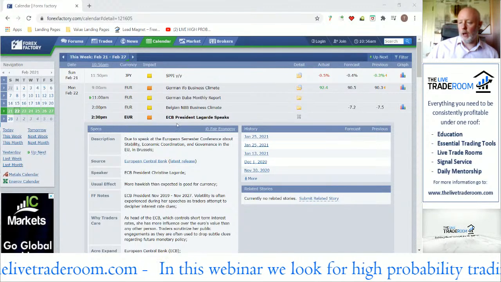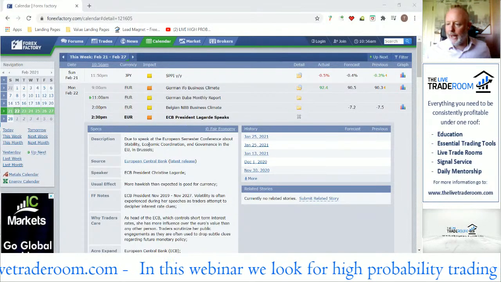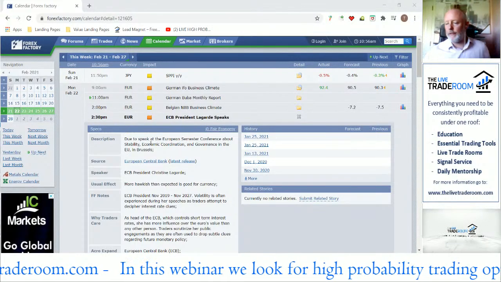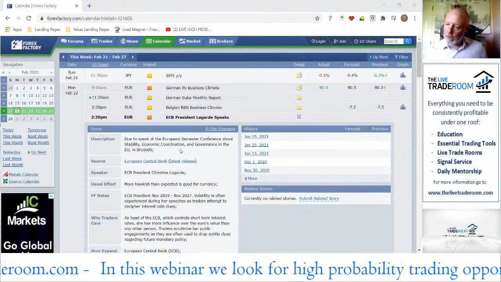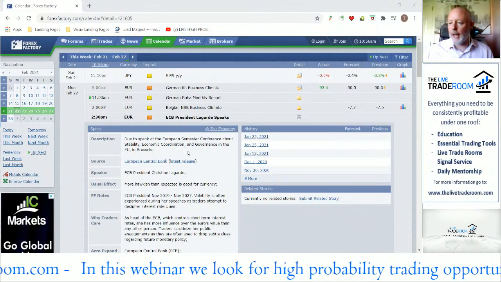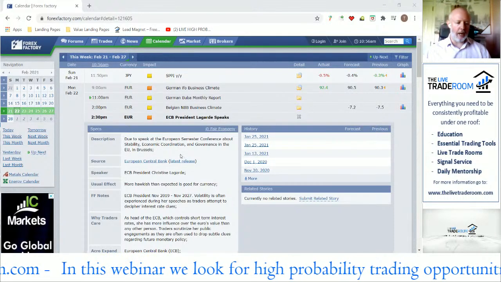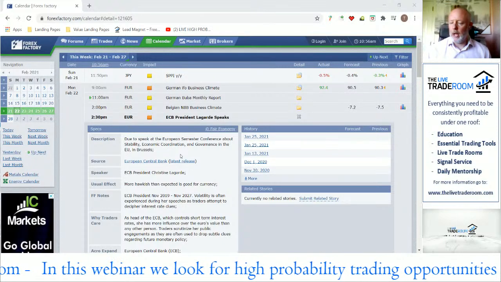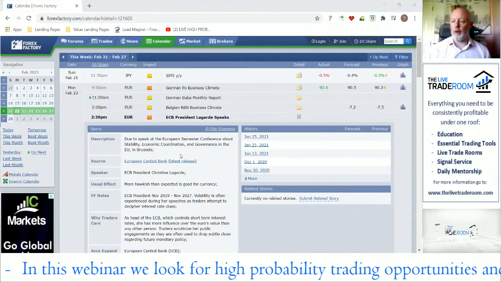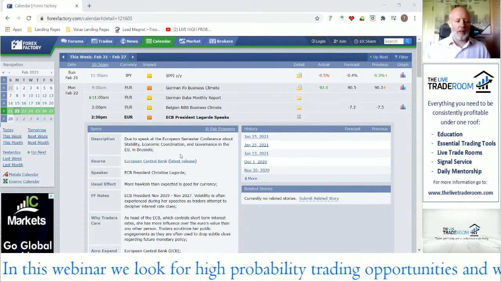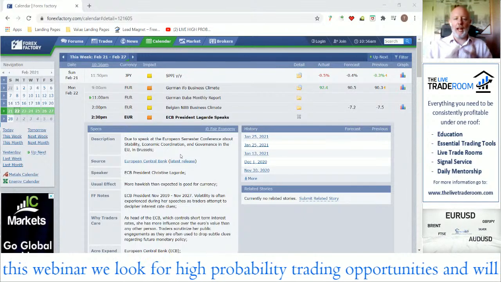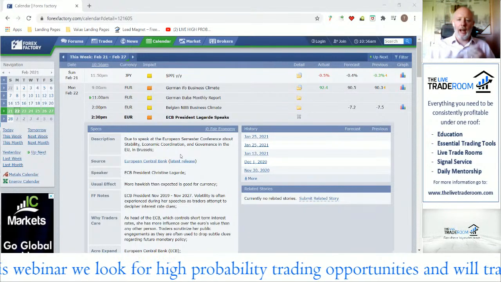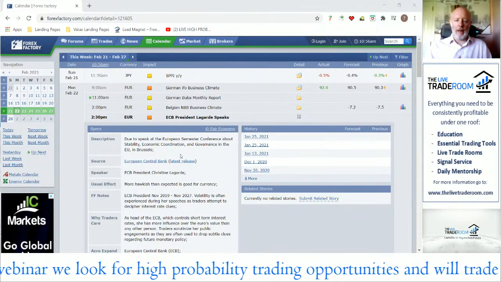So we've got Christine Lagarde due to speak at the European Semester Conference about stability, economic coordination and governance in the EU. So there is quite, I suppose, a strong focus on what is next. How does the ECB interpret current market conditions, and what decisions are they likely to make?